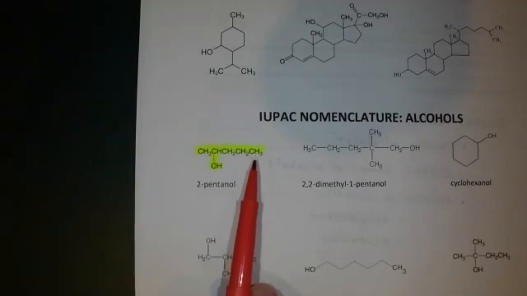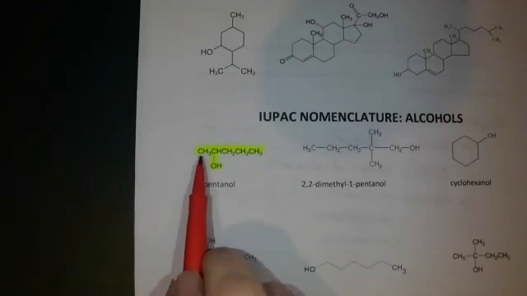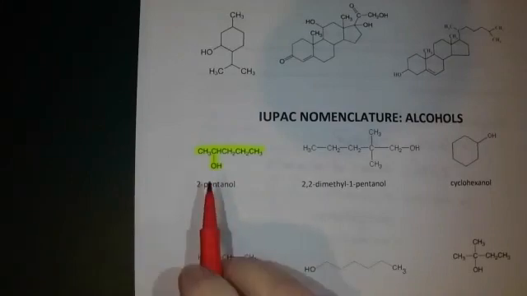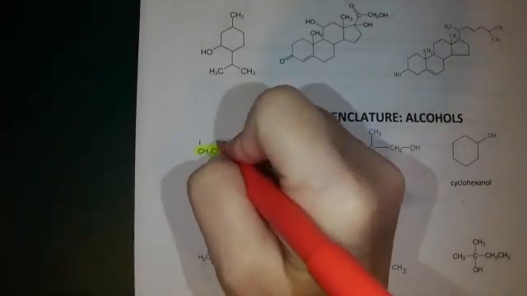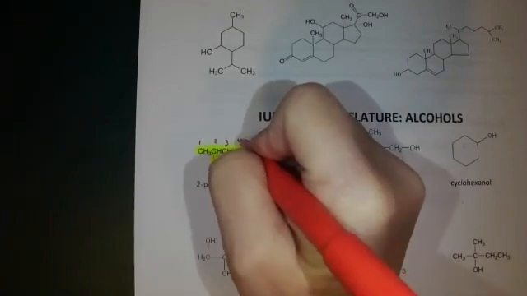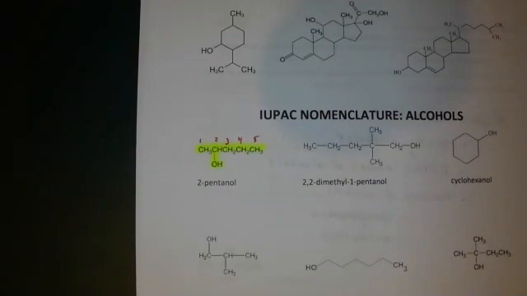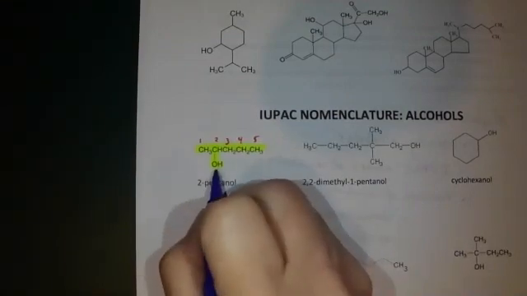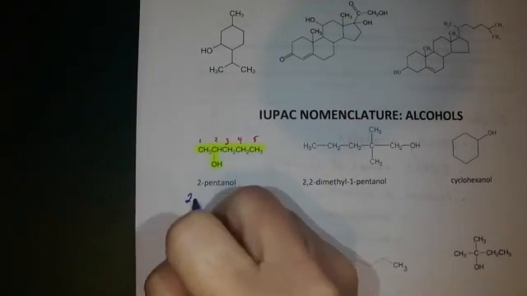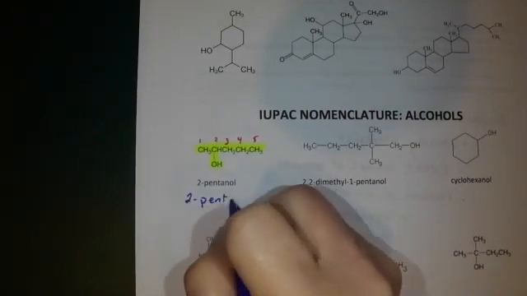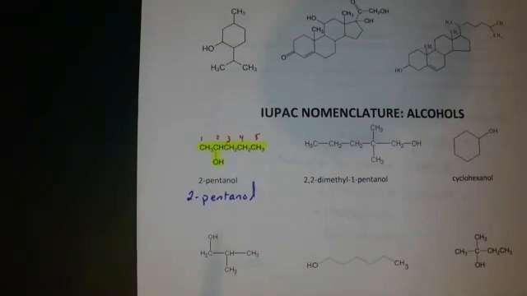The way that you know which end to start with is number from the end closest to the alcohol functional group. So I'll number from this end, closest to that alcohol functional group. 5 carbons, that's pent. The alcohol group is attached at carbon 2, and that's why it is 2-pentanol.